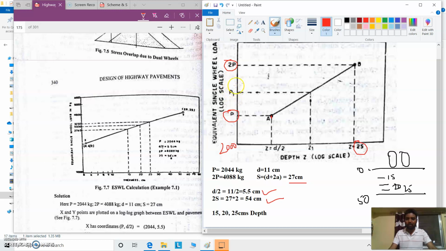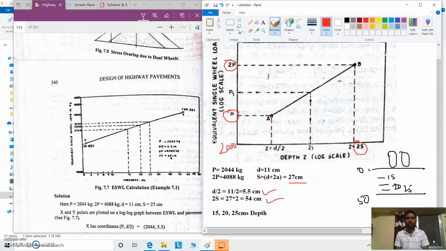Because we are going to analyze the load for a particular depth, to obtain the load we need a depth, and that depth can easily be obtained at any distance from D by 2 to 2S here.